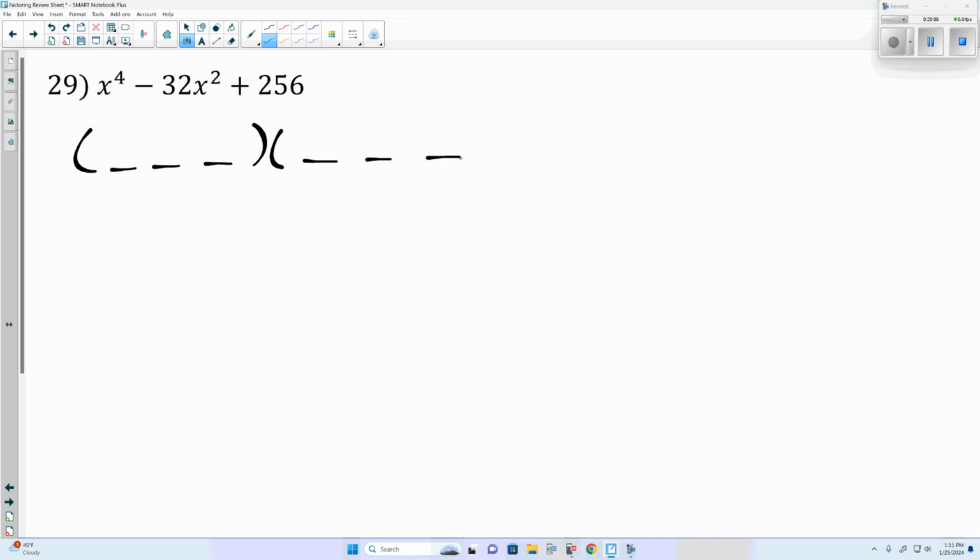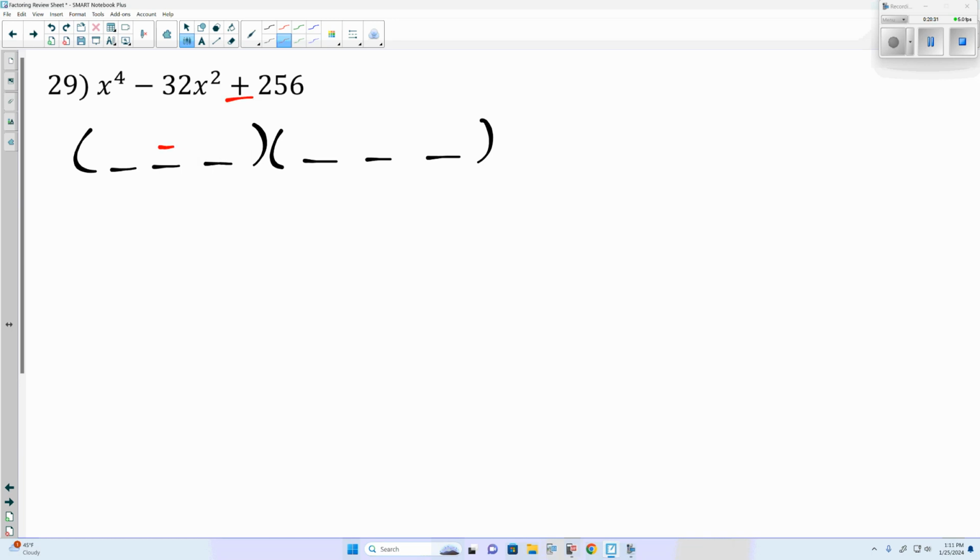This is the last one we'll look at, and this is kind of extending on from what we've been doing, because even though our variables are now x to the fourth and x squared, it still works the exact same way. We can look for a greatest common factor, but with 1, 32, 256, there's not a greatest common factor between all three.